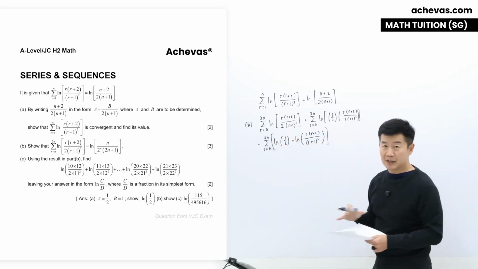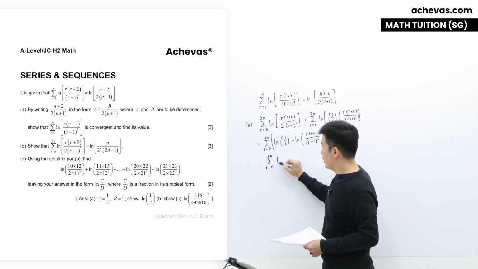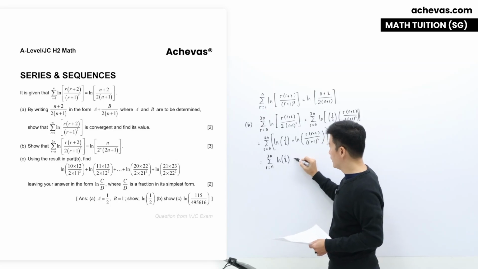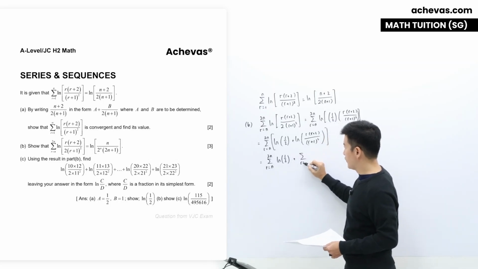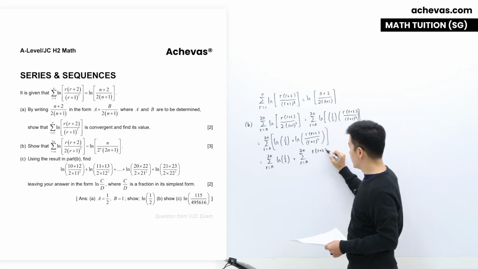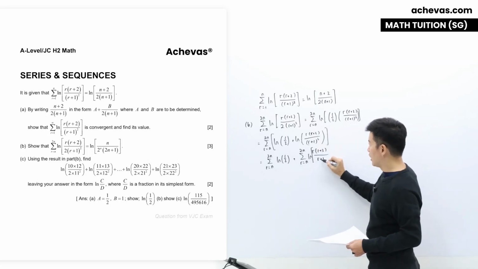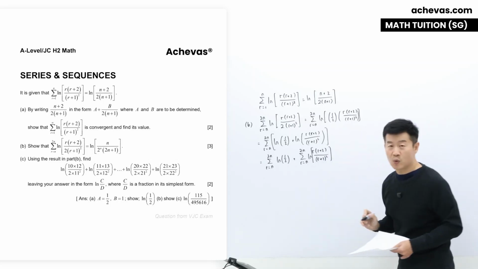So we can break up the summation into 2 parts: summing from n all the way until 2n of ln half, plus summing from r equals n to 2n of ln of (r plus 2) over (r plus 1) squared.